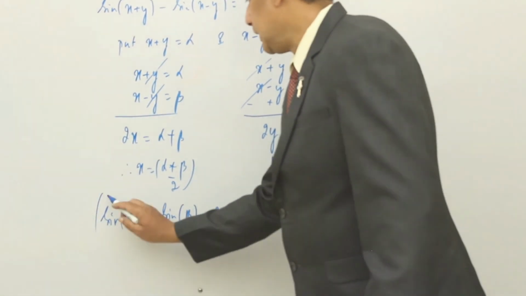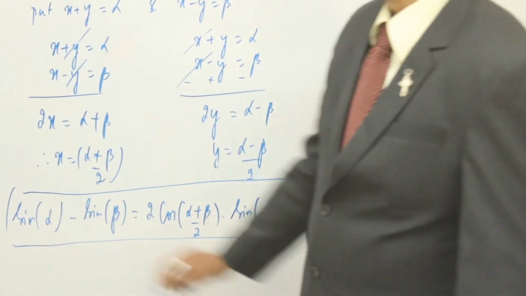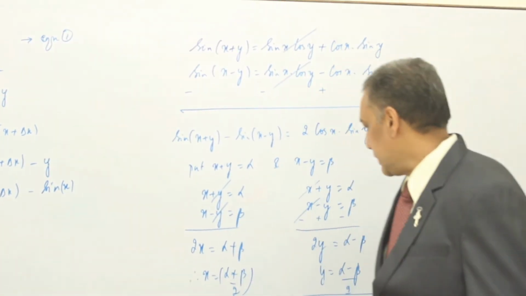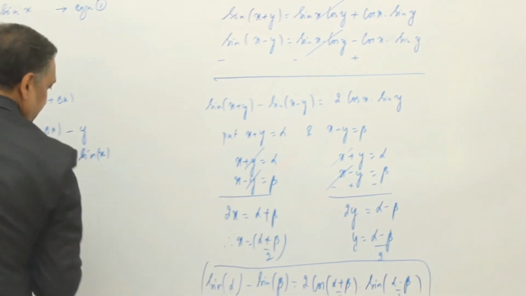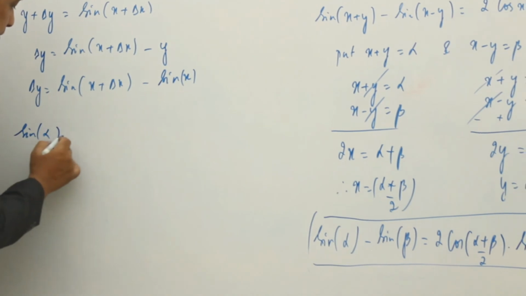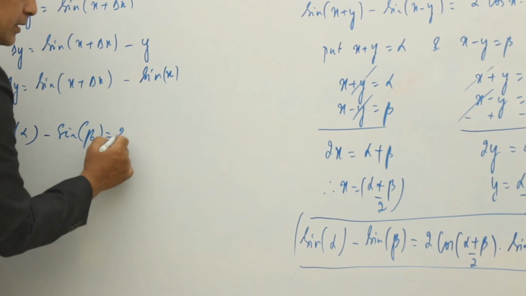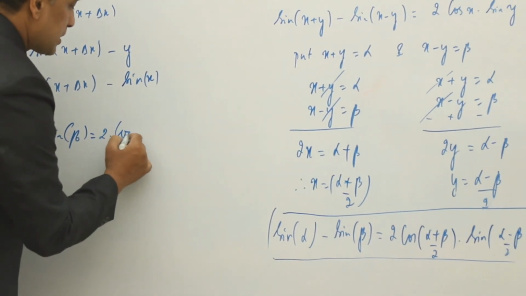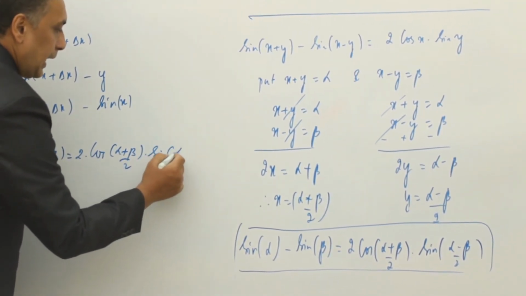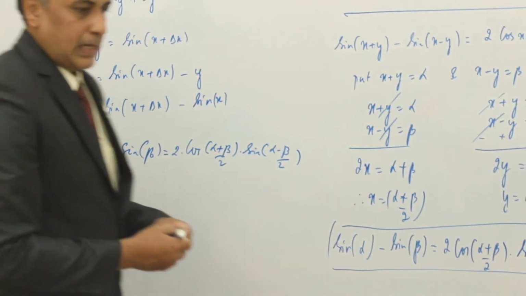This is the formula which we will be applying. So it says sine of x plus delta x minus sine x. So this formula I am copying here: sine alpha minus sine beta equals 2 into cos of alpha plus beta by 2 into sine of alpha minus beta by 2. This is the formula which we will be applying to that.